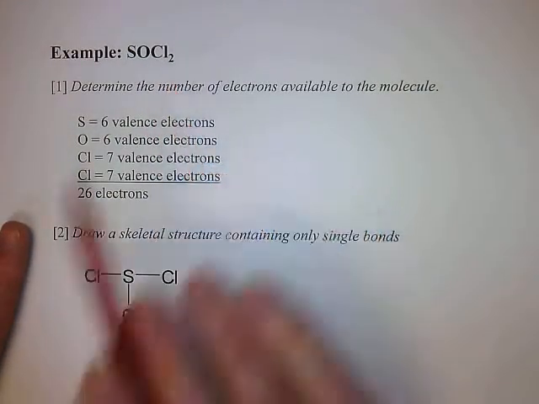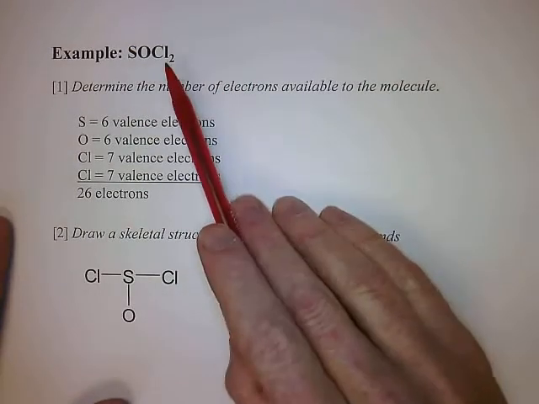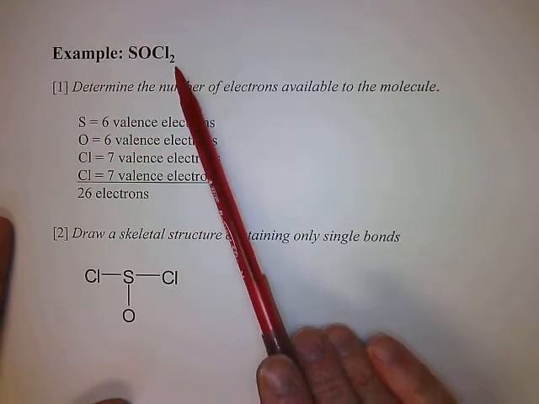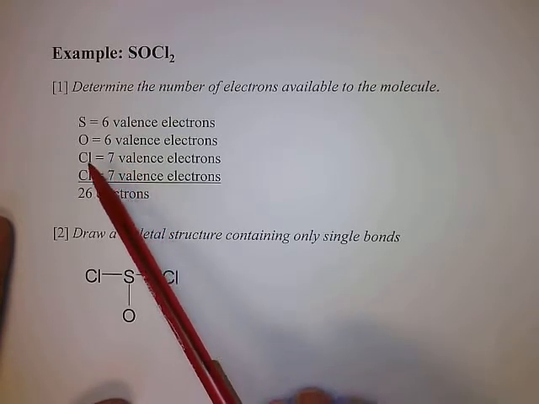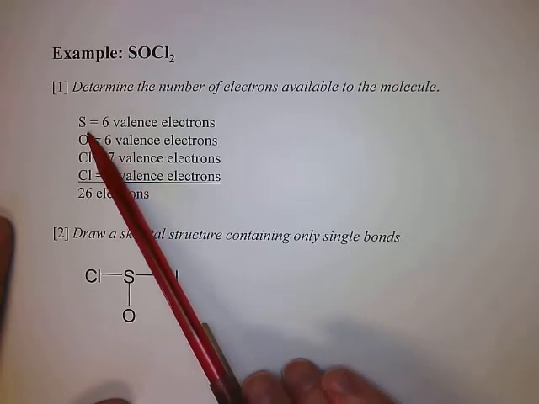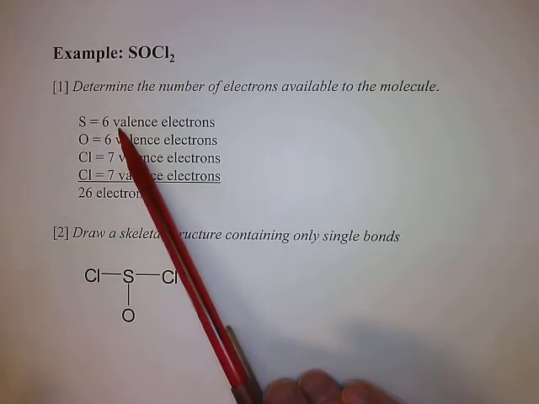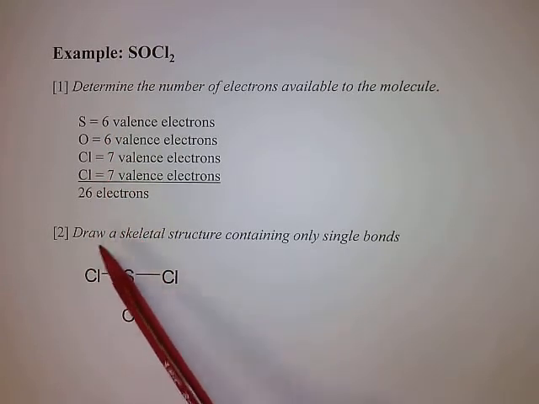Alright, so first step, determine the number of electrons available to the molecule. So we have a sulfur, we have an oxygen, and we have 2 chlorines. 2 chlorines, that's 14 electrons. Oxygen and sulfur are in the same group and have the same number of valence electrons, which is 6. 12 and 14 give us 26 electrons.